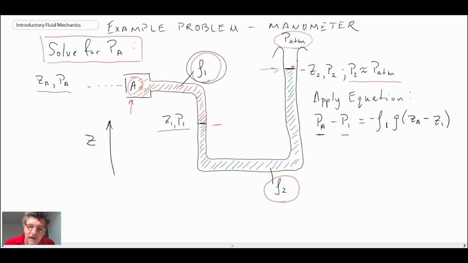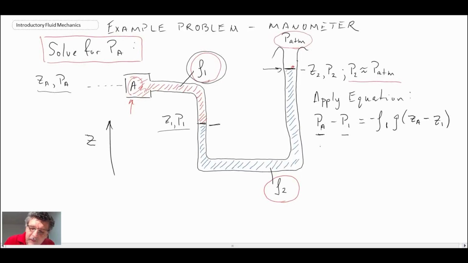The second equation that we have, well, when we look at this, we have one interface here, and we have one interface here. So how can we figure out the difference between the pressure at this location, P1, versus the P2 location up here? Well, let's write that out, and then we'll try to figure out how to solve that.